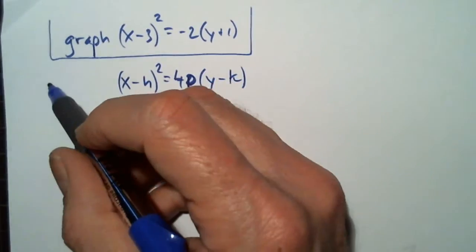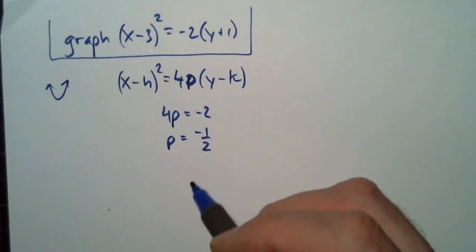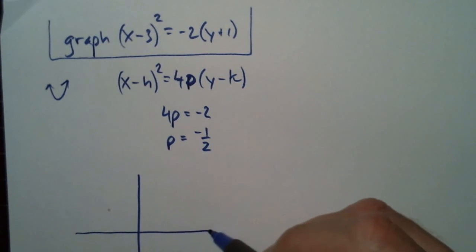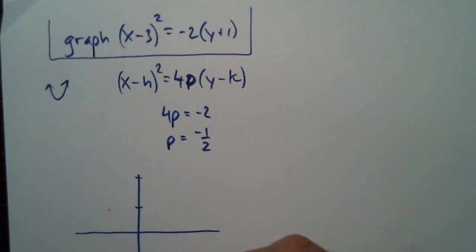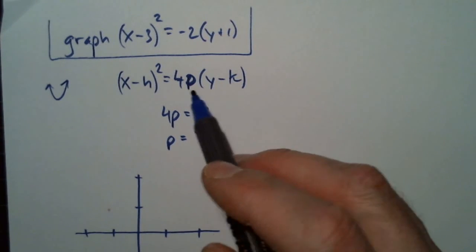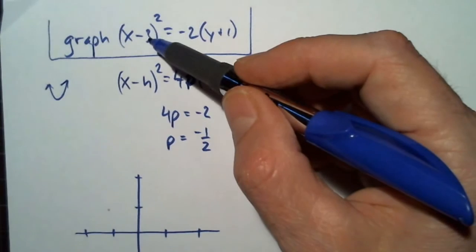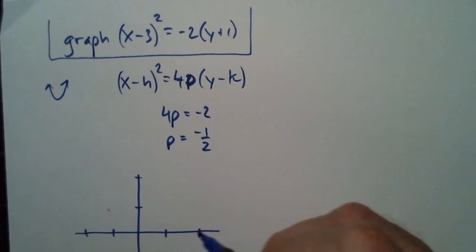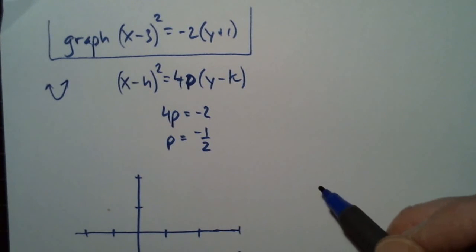X is squared, so the parabola opens vertically. And we have 3 to the right and 1 down. 3 to the right, 1 down is the vertex.